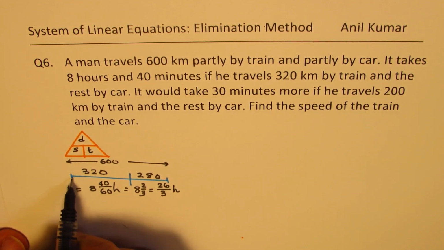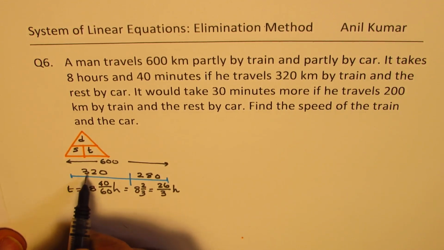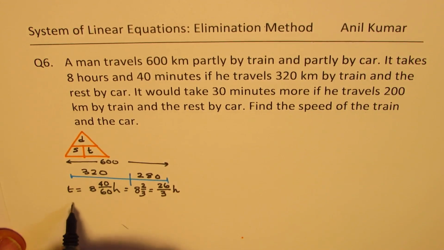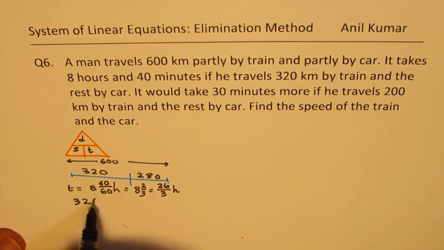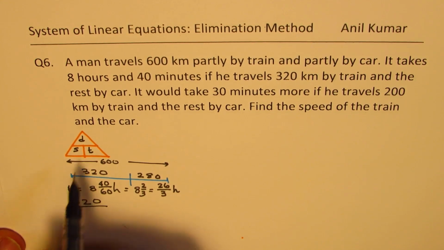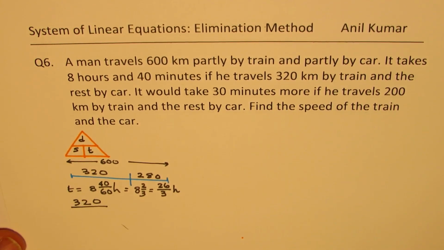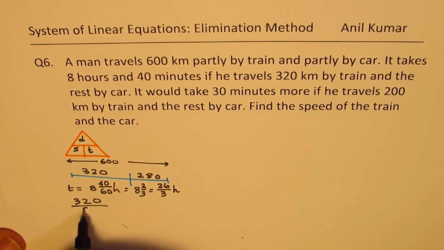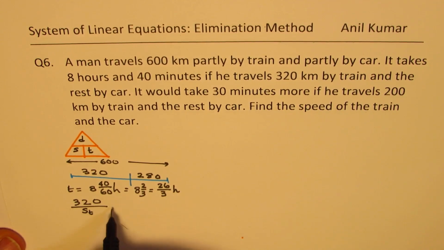So the time for 320 kilometers should be, distance is 320, divided by the speed of train, right? So let me call the speed of train S of t. Speed of train. Is that clear to you?